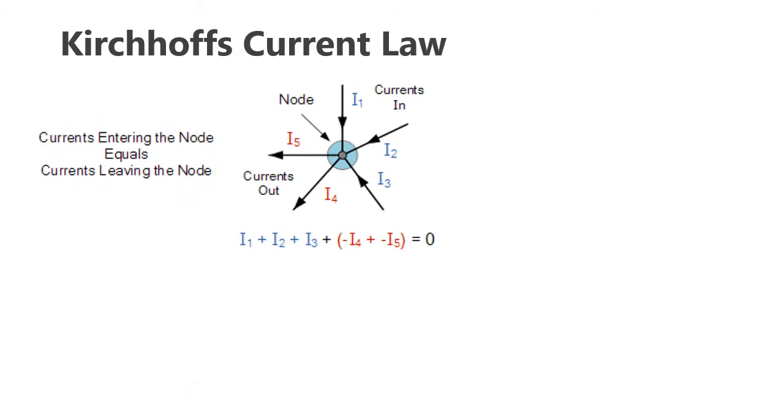According to Kirchhoff's current law, consider the algebraic sum of all the currents. If I consider the current flowing towards the node as plus, then I1 is plus, I2 is also entering towards the node, so plus I2, and I3 is in the same direction, so plus I3.